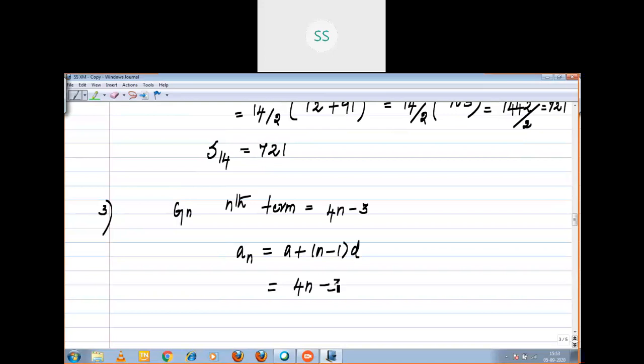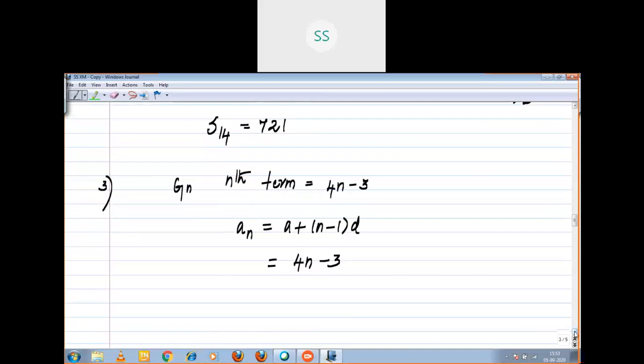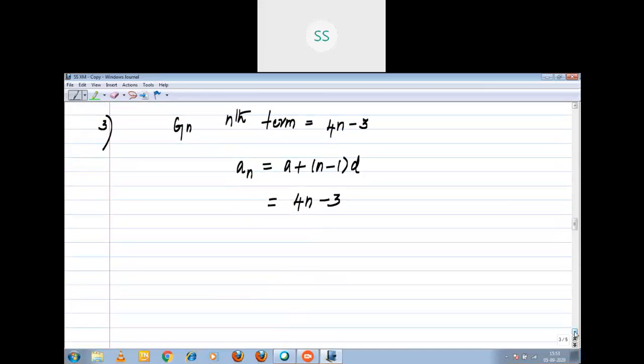First we have to substitute n equals 1. What is the first term, second term? Like that we want to find. What is the first term? a1 equals 4 into 1 minus 3, which is 4 minus 3 equals 1.